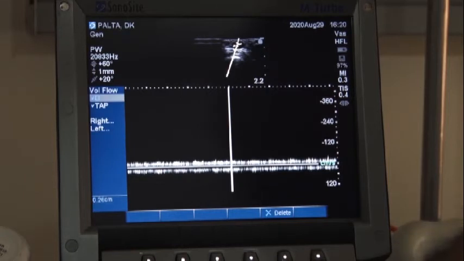The flow volume, we'll check the diameter.